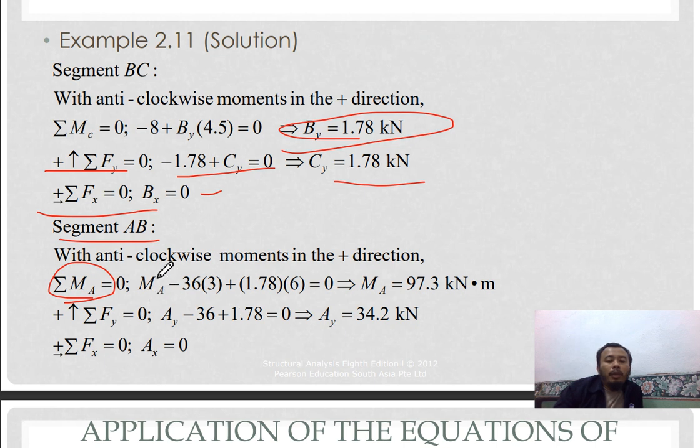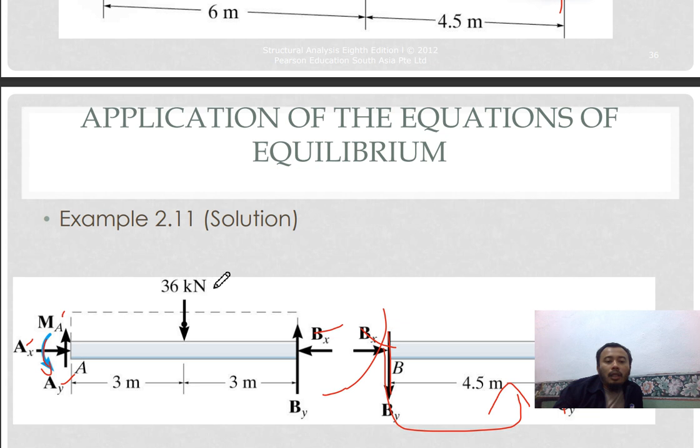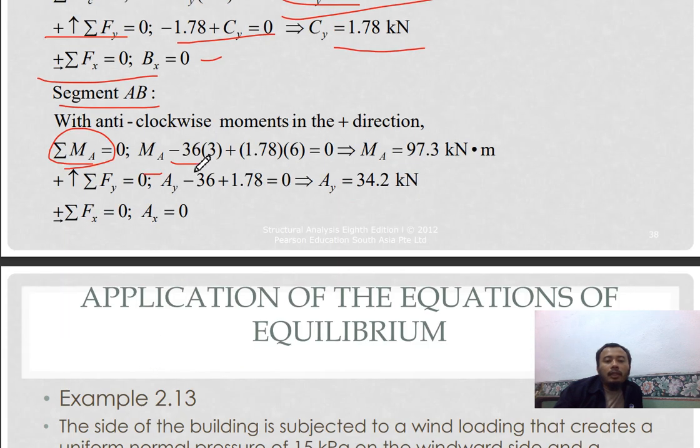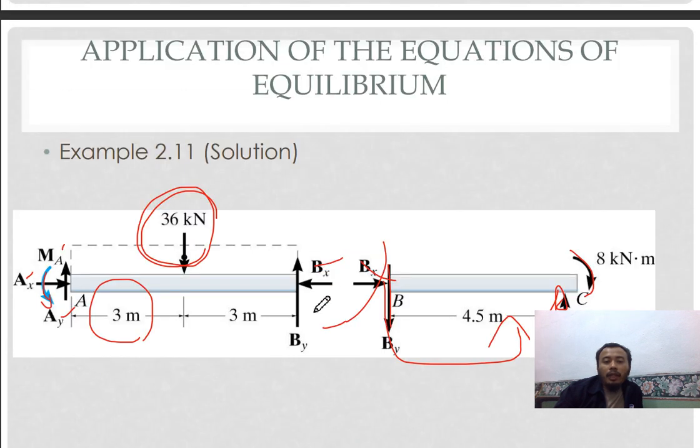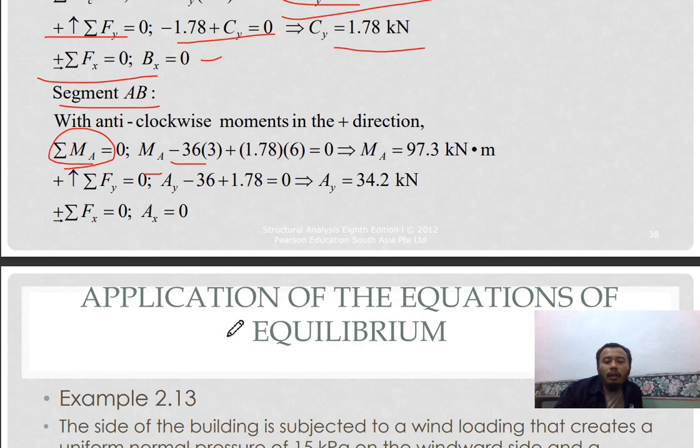So MA is positive, and then it's 36 times 3, which is the external load with a moment arm of 3 meters, and 36 times 3 because it is clockwise, it's negative. And then this is By 1.78, so By is 1.78 times 6 meters moment arm length. So you solve this equation, you get your MA at 7.3 kilonewton meter.